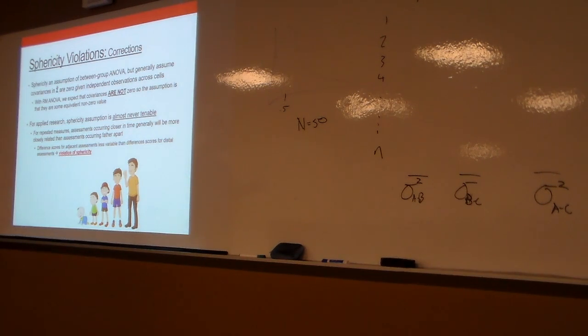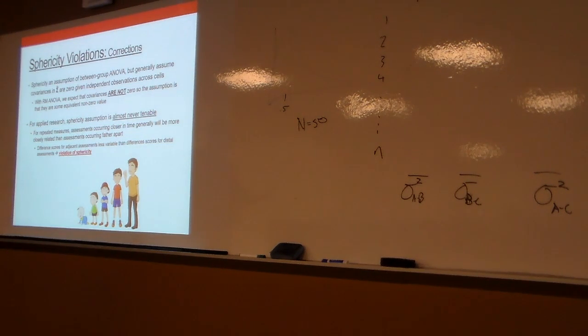If I'm looking at your mood over 3 assessments made over the span of 15 minutes, those are all probably going to be pretty correlated, versus if I'm assessing mood week 1, week 2, week 3, week 4, right?